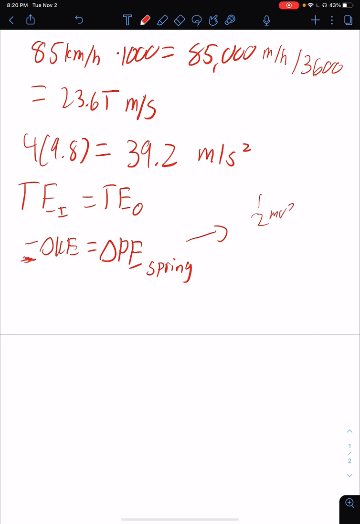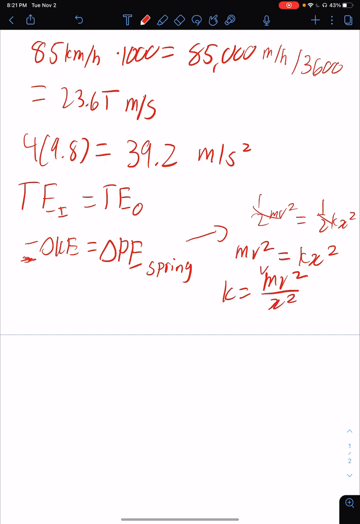Half mv squared is going to be equal to half kx squared. Halves cancel out. You get mv squared is equal to kx squared. Divide by x squared, you get k is equal to mv squared over x squared. You have the mass, you have the velocity, but you don't have this.